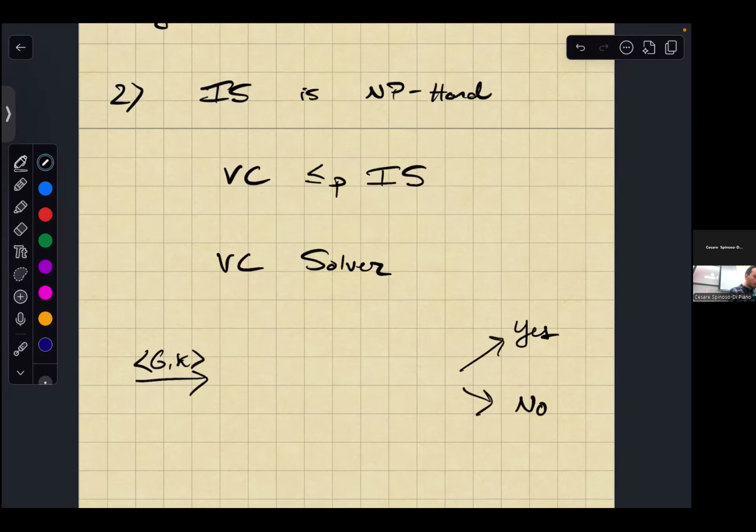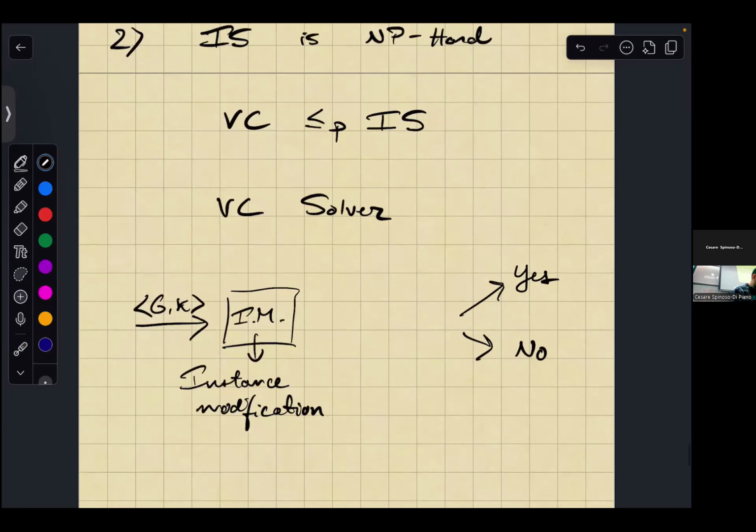But now, how am I actually going to create the solver? I'm going to create the solver by taking the instance of the vertex cover problem and converting or modifying it. So this is the instance modification. This is a polynomial time reduction, so it should be polynomial in time, right?